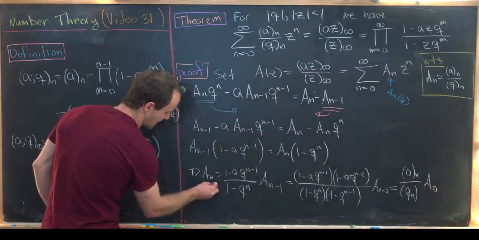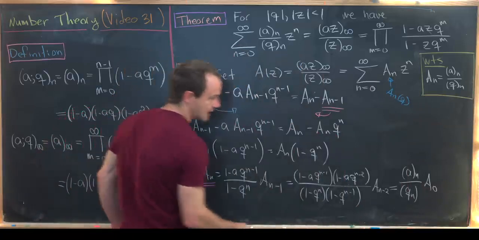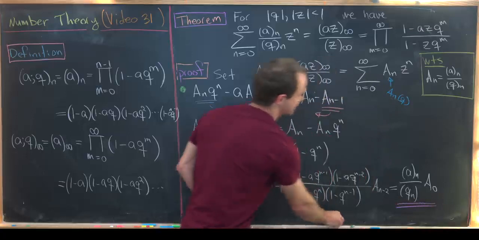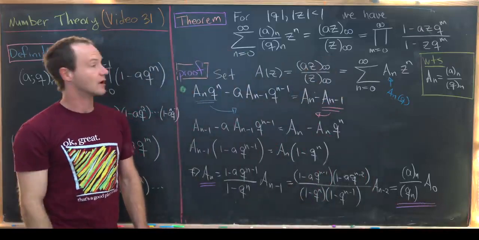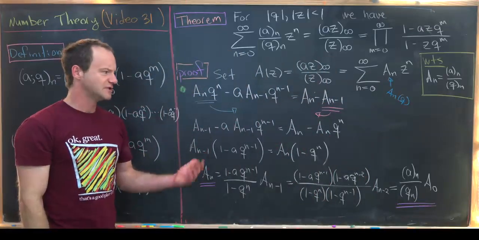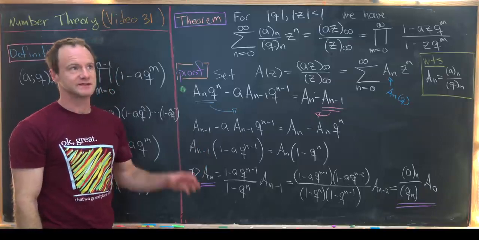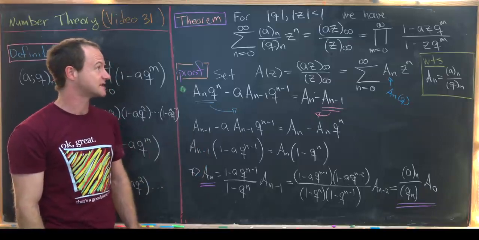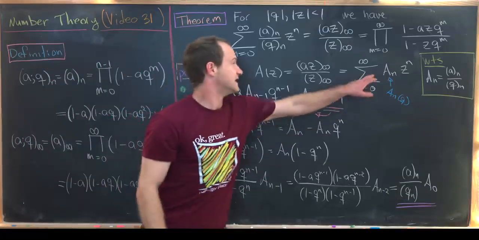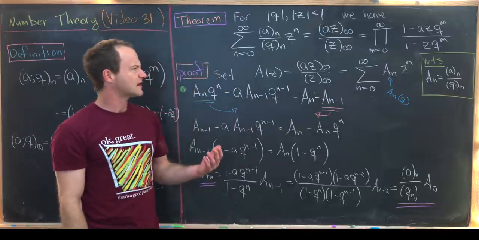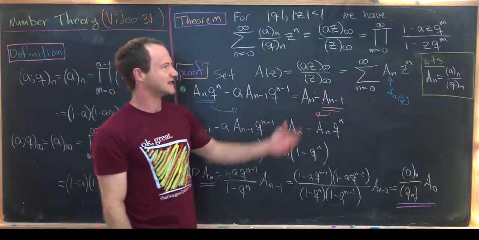So let's see what we've got. We've got a sub n is equal to this in terms of a sub 0. But now we just have to figure out what a sub 0 is. So a sub 0 is the constant term of this sum. But we can figure that out just by looking at this expansion.